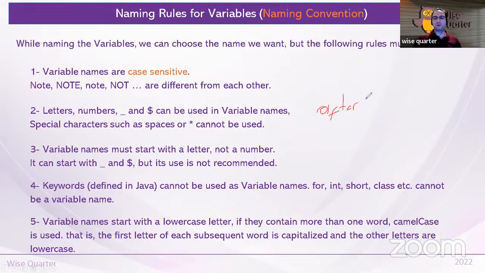So you should start the next word with a capital. If you want to add another one, still it should start with a capital. It's called camel case. First, the camel's head, and it's almost like this.